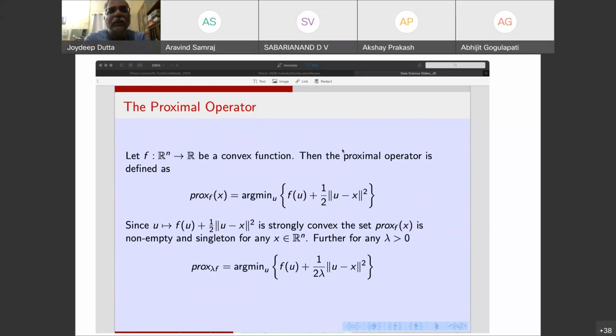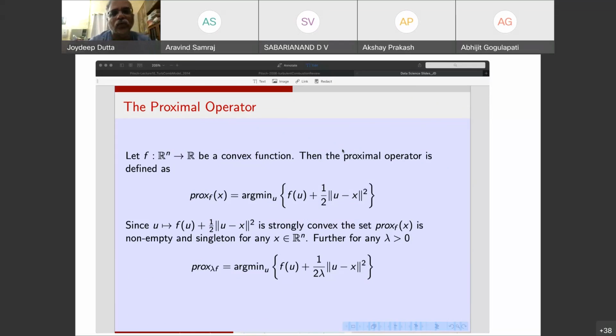What you will depend on in the proximal gradient algorithm is the proximal operator. Without knowing the proximal operator, it's not possible to actually understand the idea of the proximal gradient algorithm.